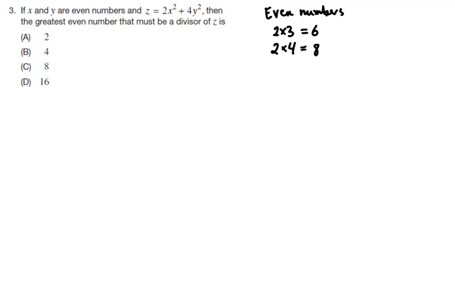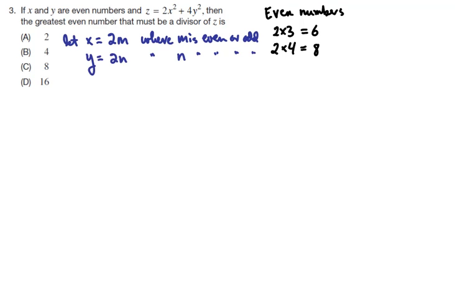So we're going to let x be 2 times some number m. It could be even or it could be odd. And that's important here. And we're going to let y be equal to 2 times n, with the same constraint that n can be either even or odd. Again, that's going to make a difference. It's not enough that a number is even.